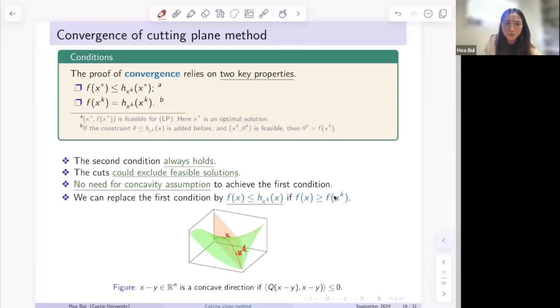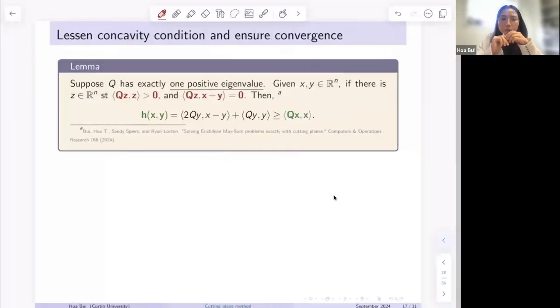Okay, so how do we put all of this idea into practice? We prove that when the matrix Q has exactly one positive eigenvalue, then given two points x and y, if we have a direction z such that z^T Q z is bigger than 0, which means this is a strictly convex direction, then if x take y is orthogonal to Qz, then x take y is a concave direction.